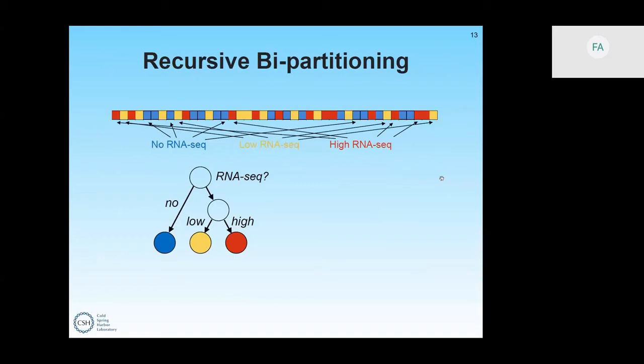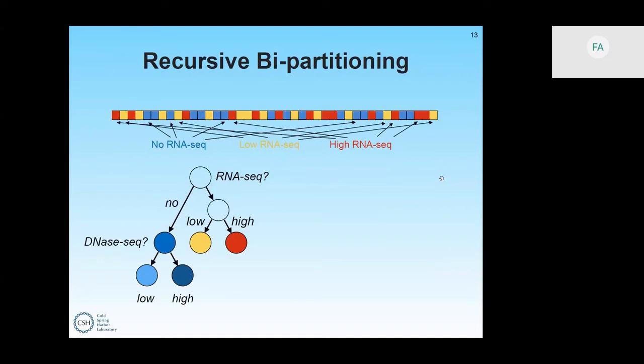And now, when we consider a new covariate, such as DNA-seq, we're going to find a bipartitioning of the sites that most reduces the entropy of the overall clustering. So in this case, we would consider 3 possible ways of splitting things.